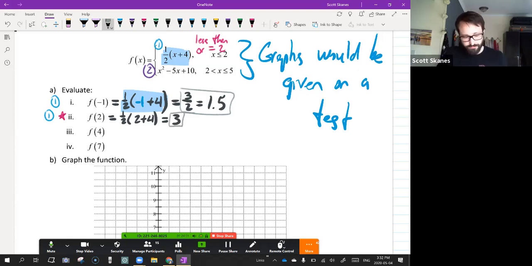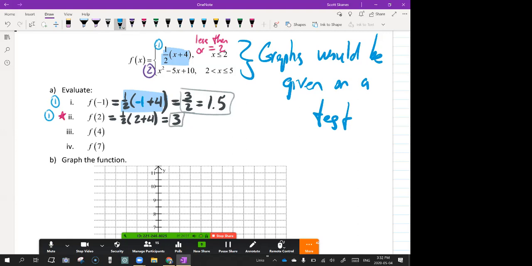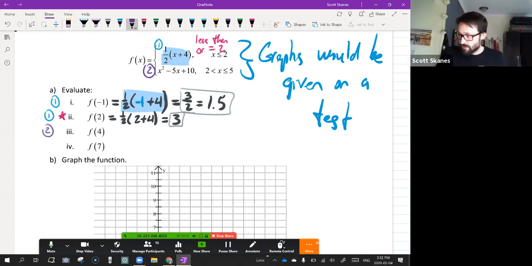Third one. Which function? The first one or the second one? When x is 4, which function does it act as? The second one. Yep, second. It's between 2 and 5. 4 is between 2 and 5. So let's put that in.